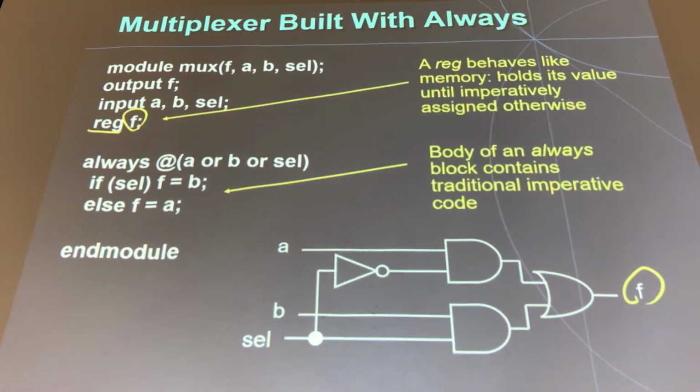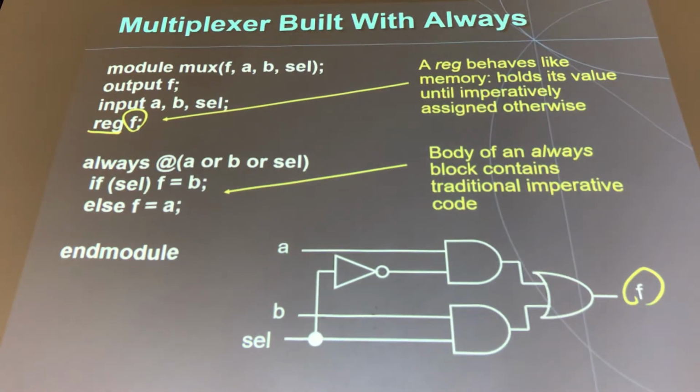Although there's no storage component, no flip-flop, no register, we treat it as a simulation-based storage signal. You can remember the previous value until you evaluate the circuit. And the body of the always block contains traditional imperative code, like F assigned some expression. Any question?